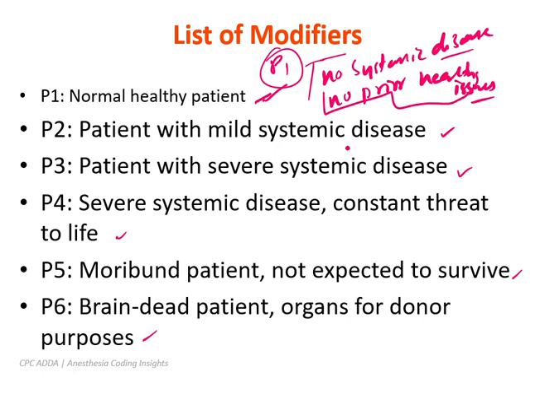Next, P2. What is P2? A patient with mild systemic disease. When can we say mild systemic disease? If the condition is under control and doesn't limit the patient's daily activities. For example, a patient having well managed hypertension or controlled diabetes. When it is under control or well managed, we can say it is mild systemic disease.